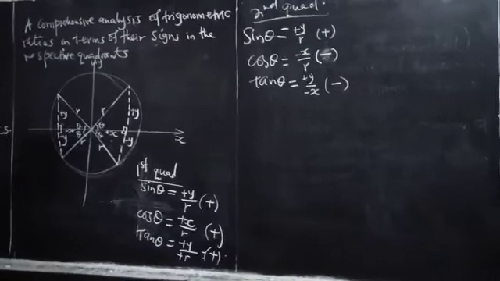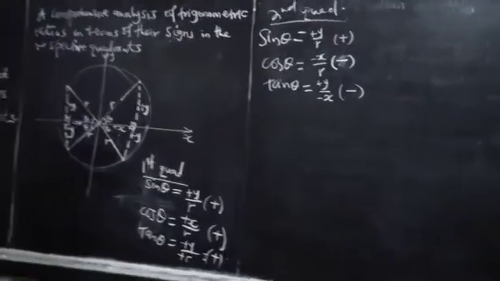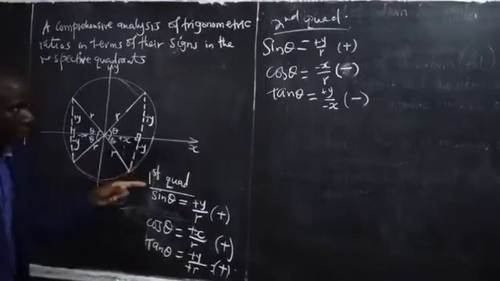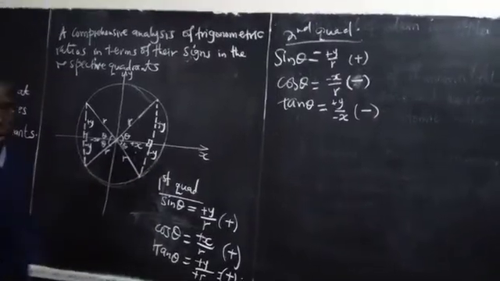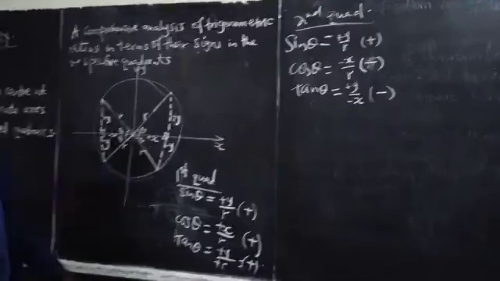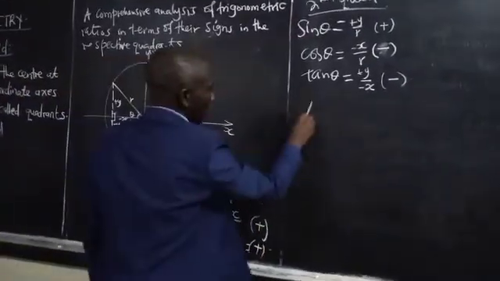You have a simple exercise to do. That exercise is to show us which trigonometrical ratio is positive in the third quadrant and the fourth quadrant. That's your activity.